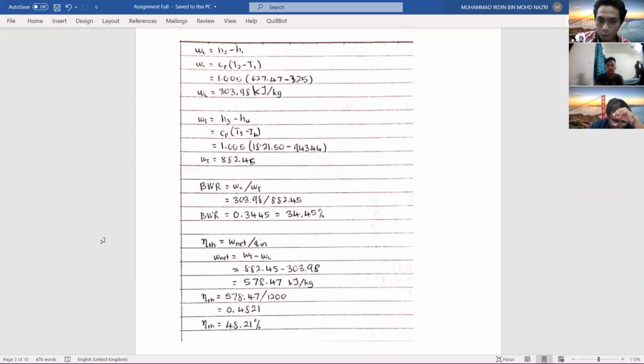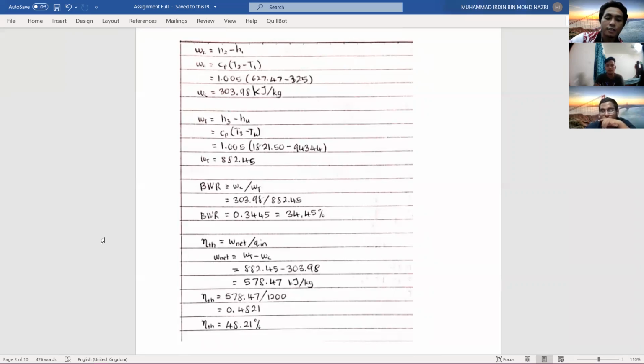Back work ratio means that we use 34.45% of the work from the turbine to put into the compressor. The higher the number, the more energy we need from the turbine to operate the compressor.